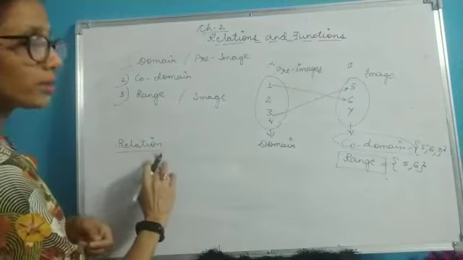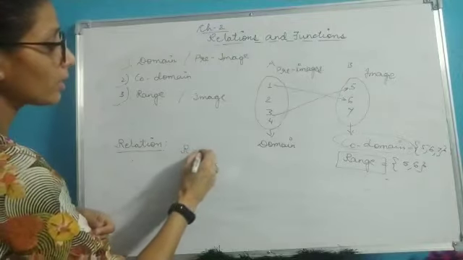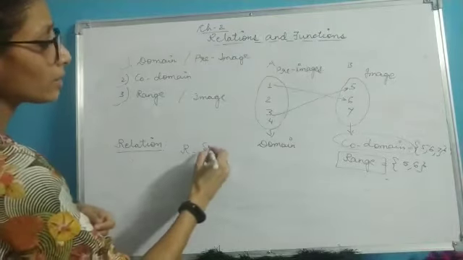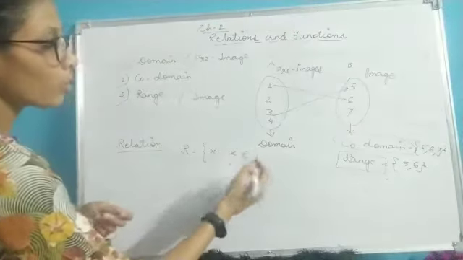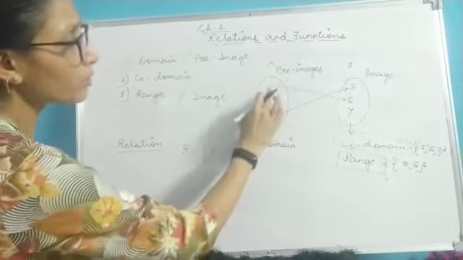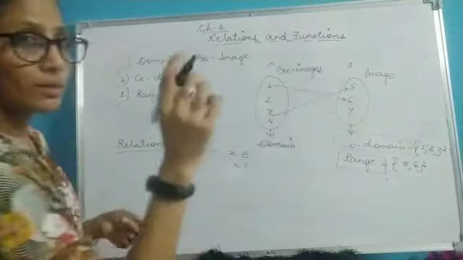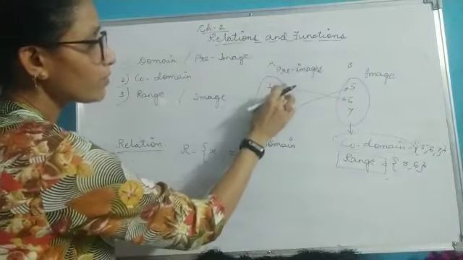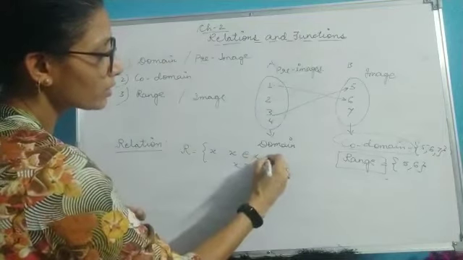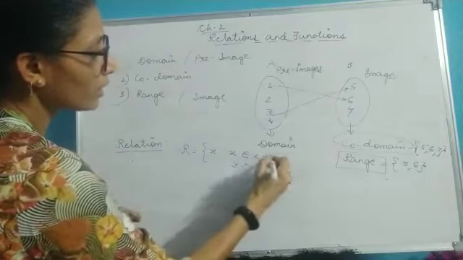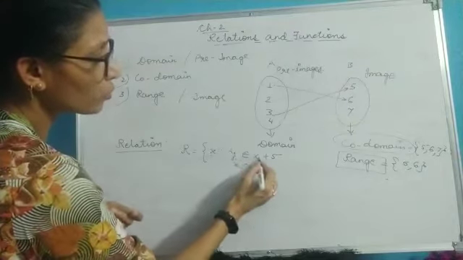The relation can be represented with a capital letter R, and we can write it as x such that y equals x plus 5. If I am adding x plus 5, then I am getting y.